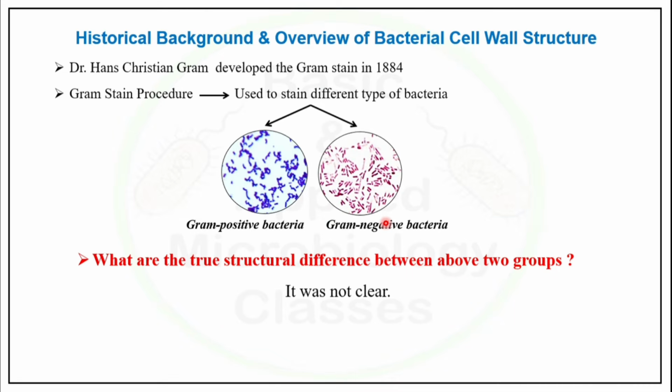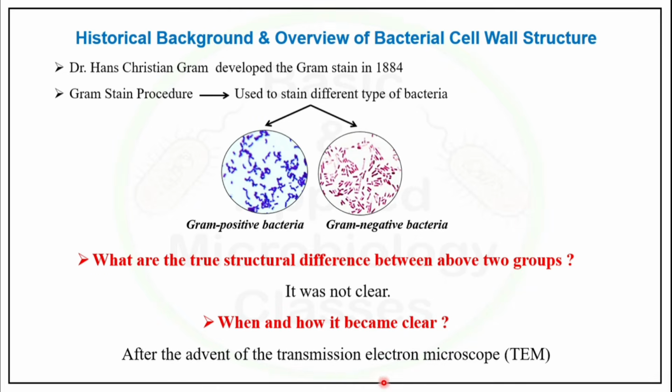Next you should know how this problem was resolved. It became clear with the advent of a technique known as transmission electron microscopy. Electron microscopy includes two types of microscopy, SEM and TEM. SEM stands for scanning electron microscope, which helps in surface examination of microbial cells, and TEM stands for transmission electron microscopy, which helps to study the ultrastructure of any bacterial cell.